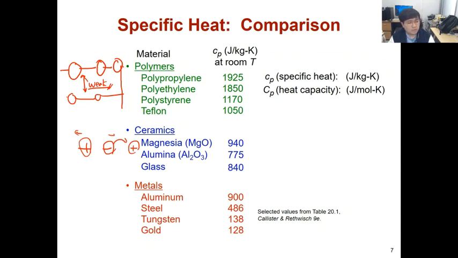Although I say that ceramic shows a higher heat capacity, it's not always correct. Some metals, for example aluminum, show a very high heat capacity, so we cannot truly say that ceramic always has a higher capacity than metal, but the polymer always has a higher heat capacity.